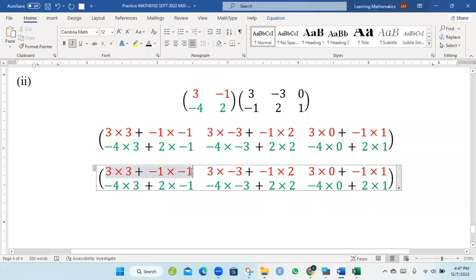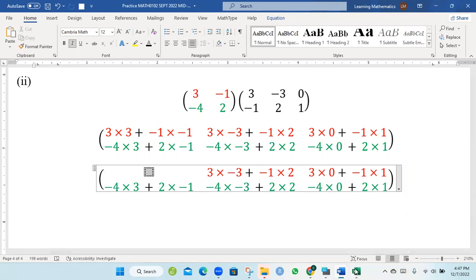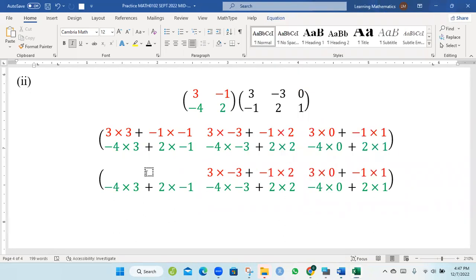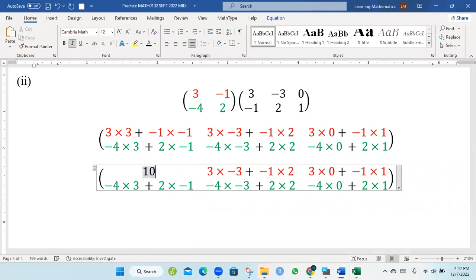So we're going to use Excel to help us. We can just copy this and go to Excel, equal, paste, enter. So our first answer is 10. Let's just complete the row.